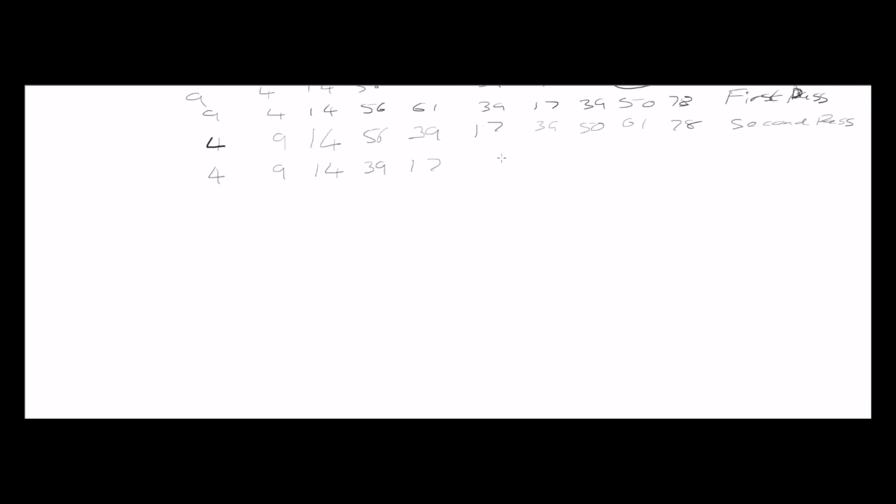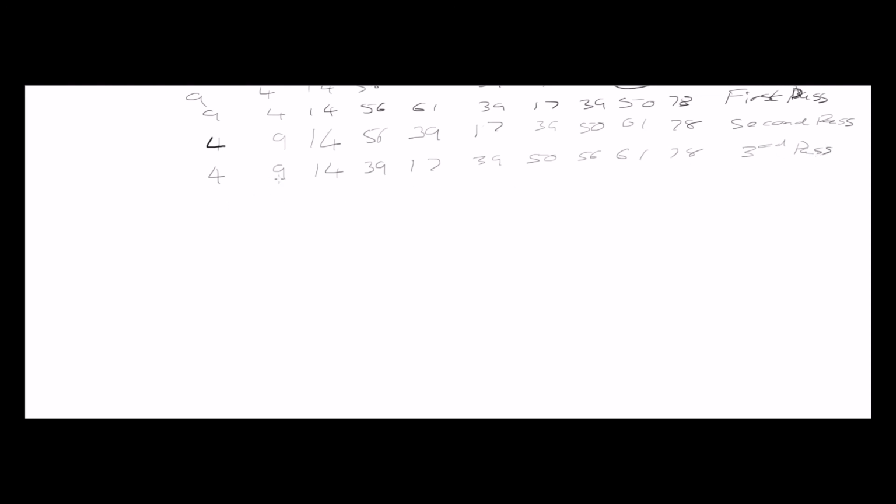And then 56 and 39, they would swap. And then 50 and 56 would swap. And 56 and 61, they wouldn't swap, so I'm going to write 56 in there. And the rest of that part of the list is sorted. So that's our third pass.